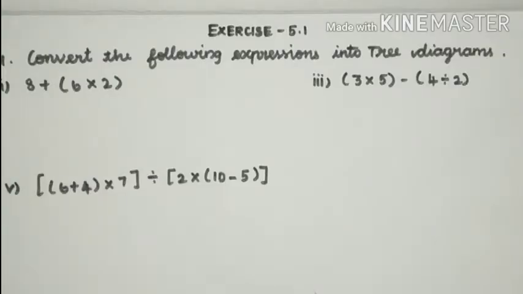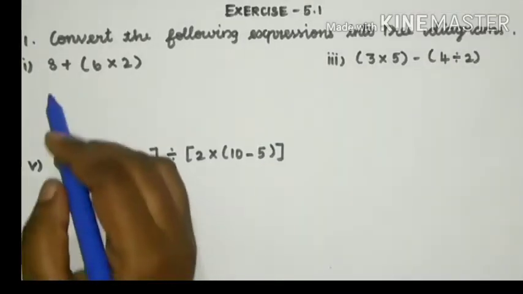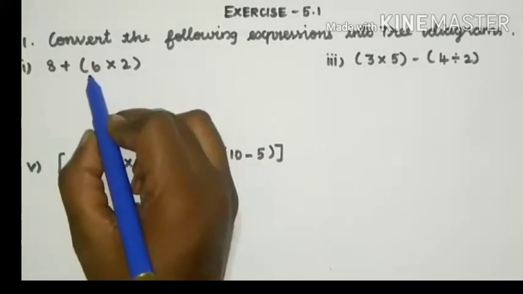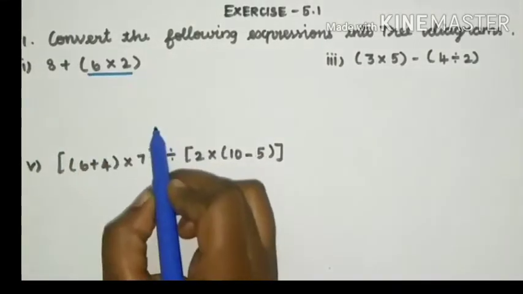Exercise 5.1, first sum. Convert the following expressions into tree diagrams. Here we have to convert these numerical expressions into tree diagrams. First one, 8 plus 6 into 2. Students, consider this bracket as one term.